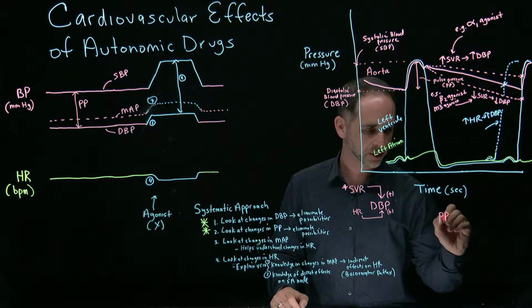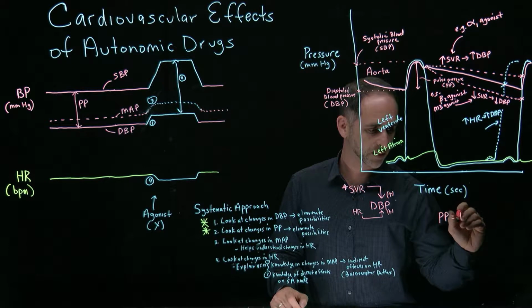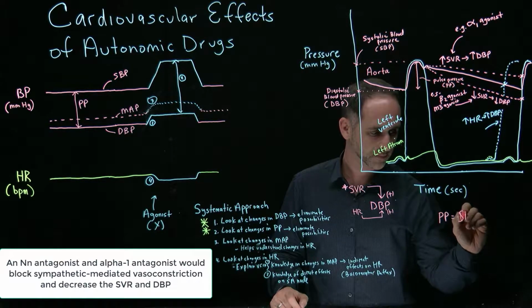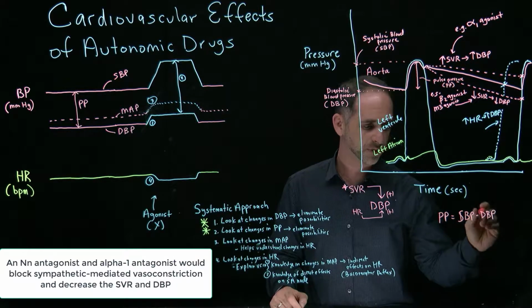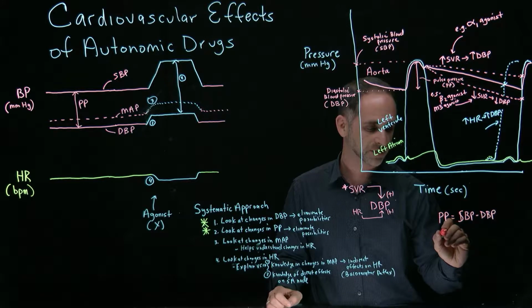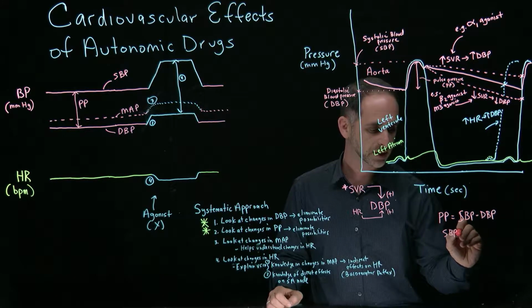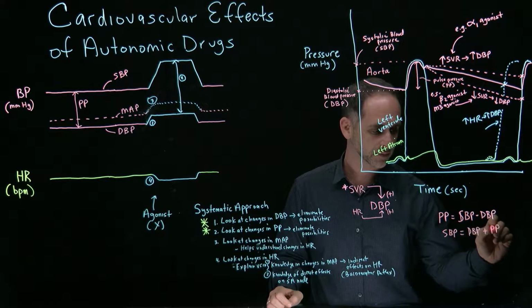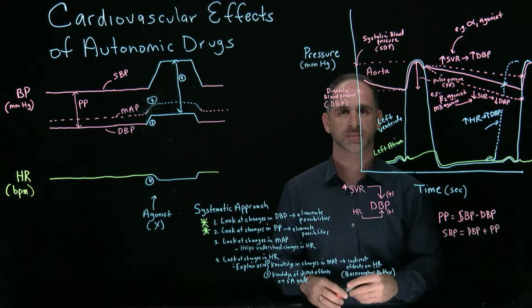Pulse pressure is equal to the systolic blood pressure minus the diastolic blood pressure. And then if we rearrange this, we could also think of the systolic blood pressure as equal to the diastolic blood pressure plus the pulse pressure. It's basically just rearranging the math here.